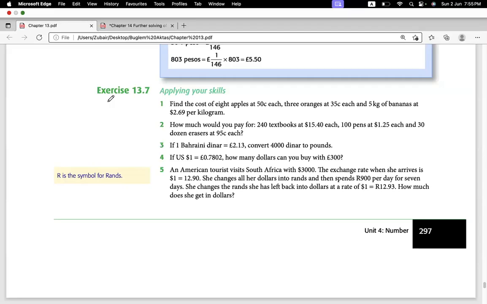Uh, no, can I quickly grab it? Sorry. Yeah, you'll need that. Okay, I got it.